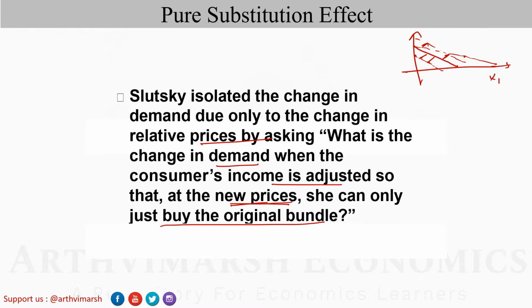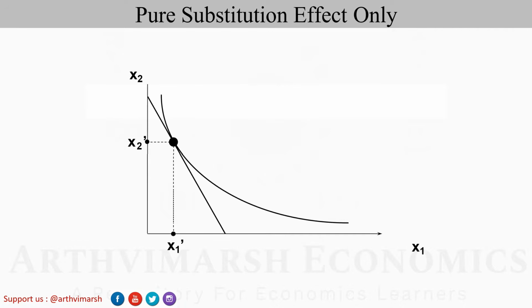This is how he tried to understand, because once we know how much income adjustment is required to come back to the original bundle, we can understand what was the impact of a particular price change. Okay, what happens under the pure substitution effect?